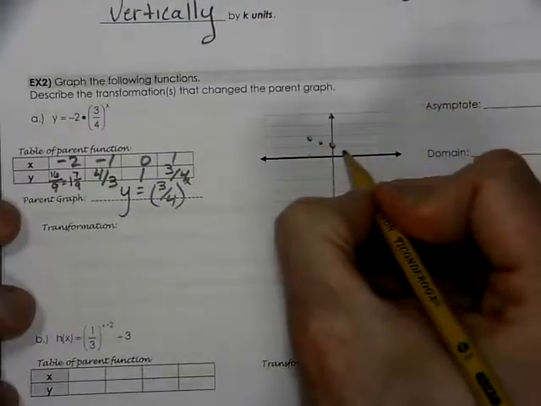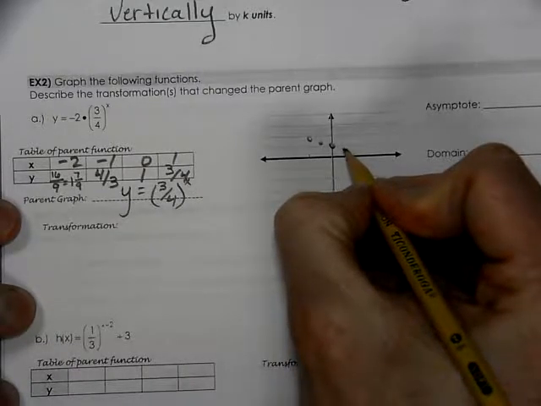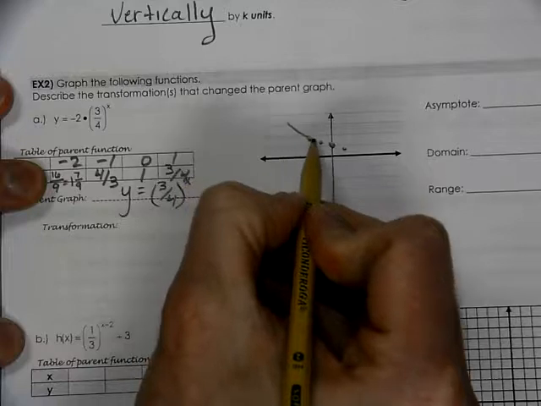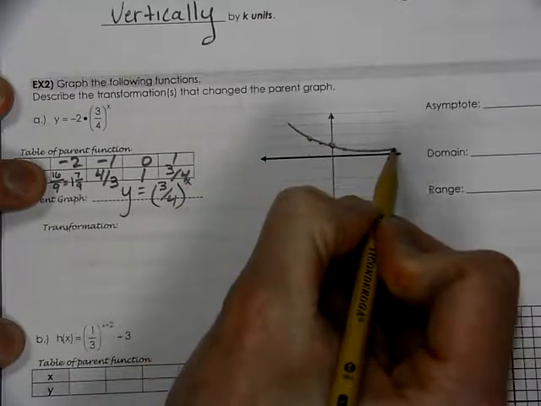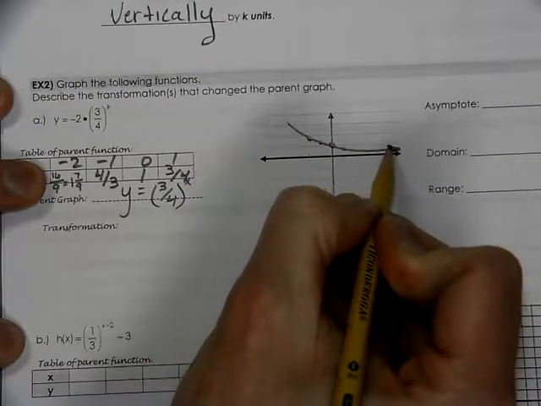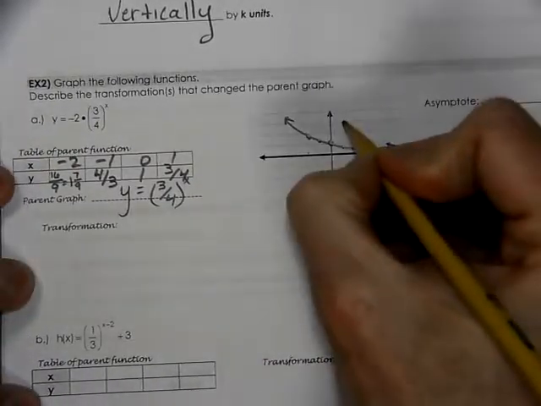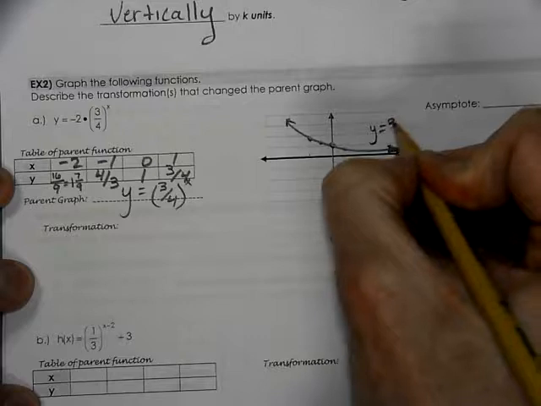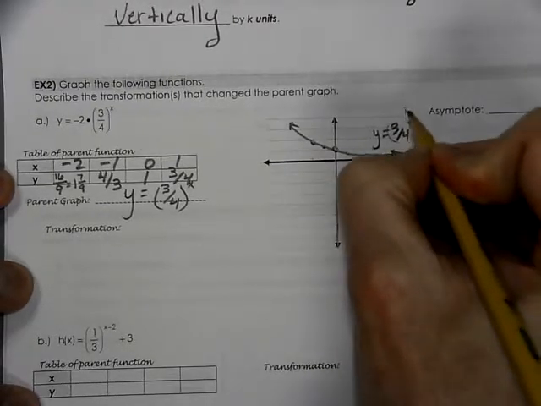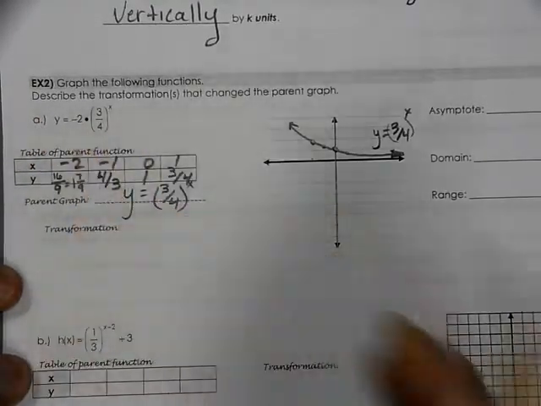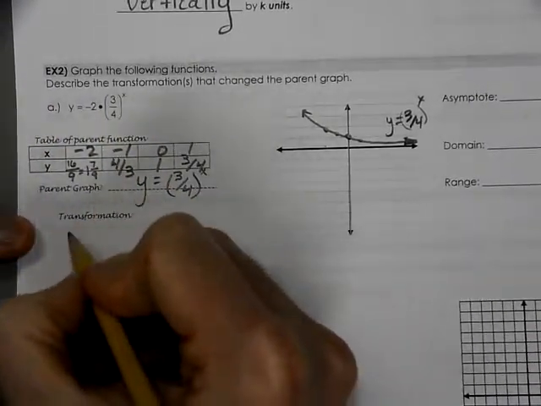And then we're at 3/4, and it follows that same type of pattern as we move. And that is y equals 3/4 to the x power. Now you notice that it has a negative, so there's a reflection over the x-axis.